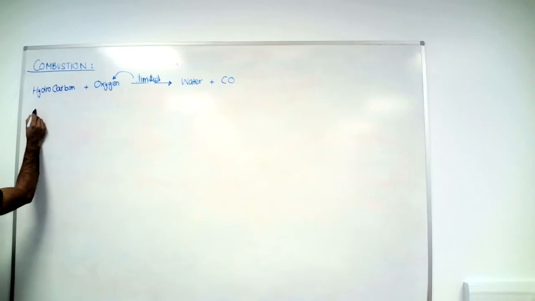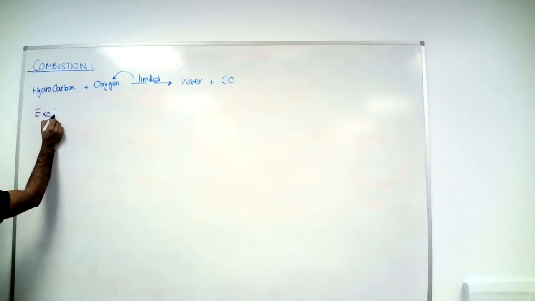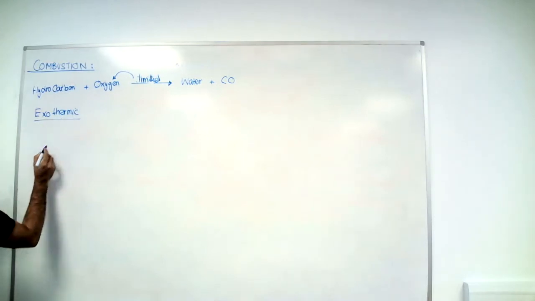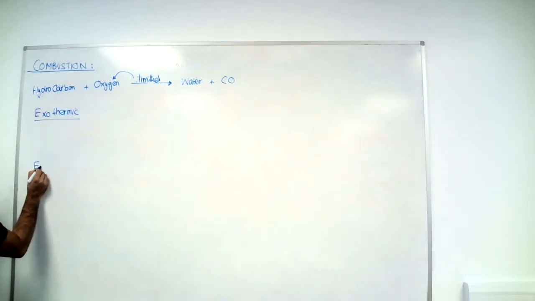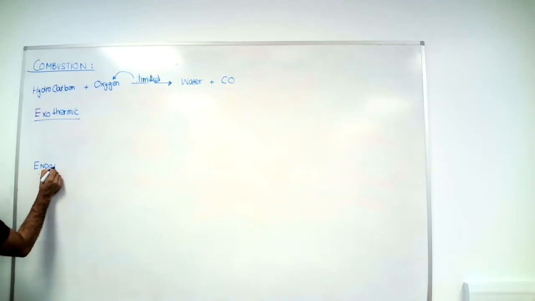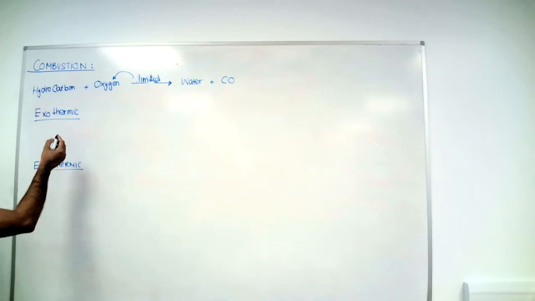Okay. Now, the next thing: there are two types of reactions. One is called exothermic, and the other is called endothermic. Exothermic is a reaction that gives away heat when the reaction happens.